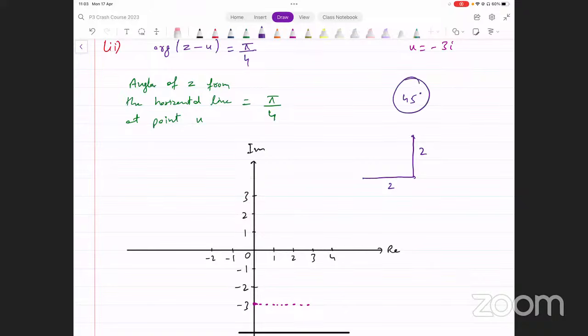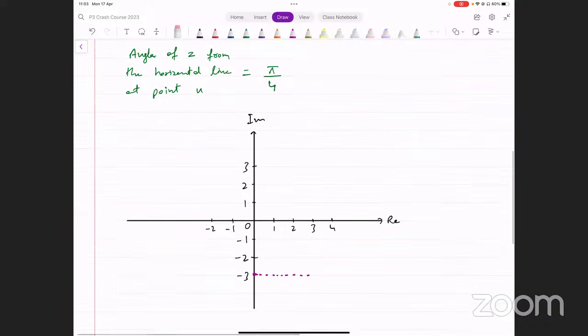Whenever you're drawing lines of angle 45 degrees, pi over 4, so when you draw this line from this point 3, it has to pass through the point 3 on the horizontal axis as well, because if it's covering 3 units vertically, it has to cover 3 units horizontally as well. So it has to pass through this point.